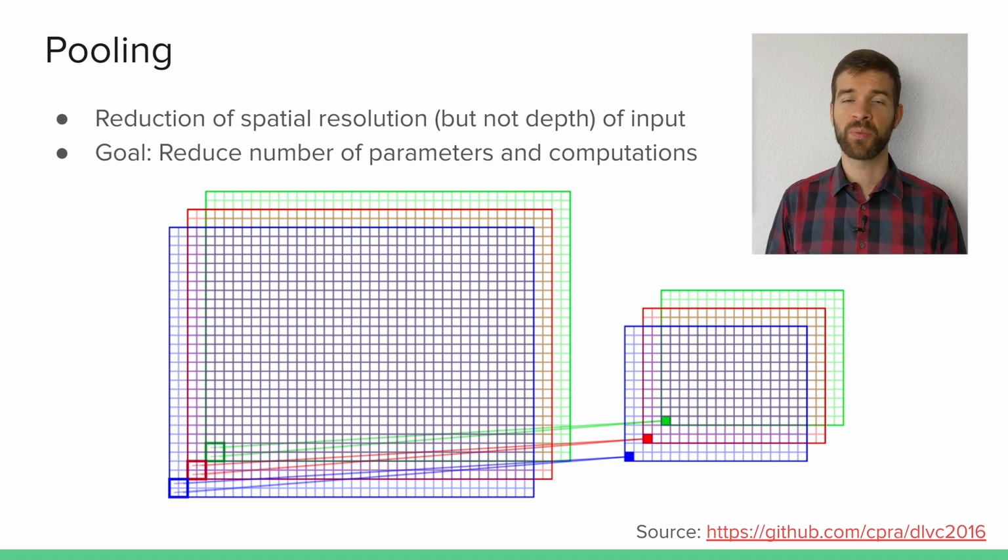Another very important operation that we can have with convolutions in our neural networks is so-called pooling. What pooling does is reduce the spatial resolution of our input, but not the depth. If we have an RGB image, it will be another RGB image in the next step after pooling, but reduced in size.